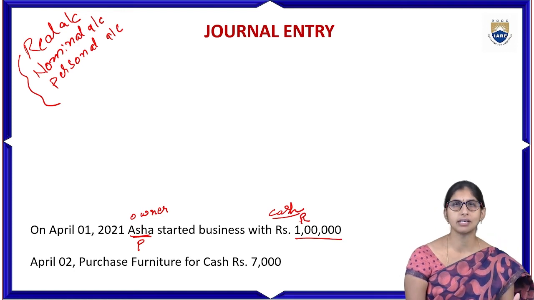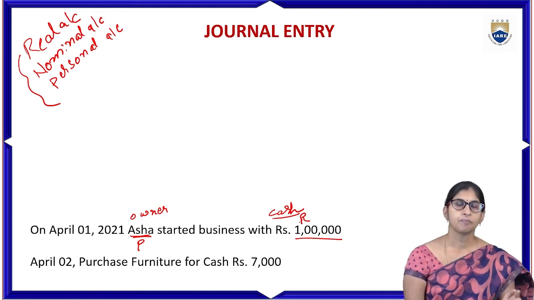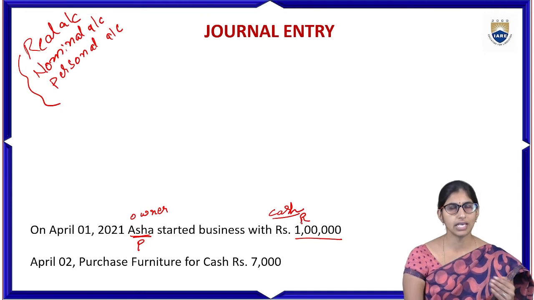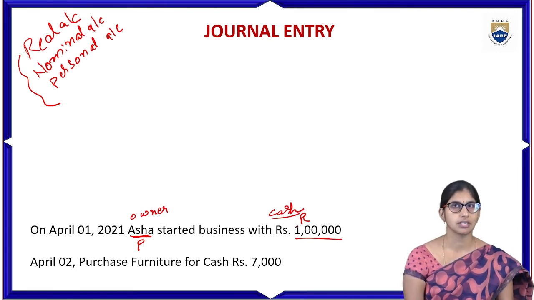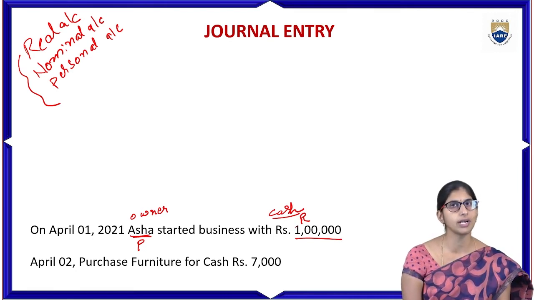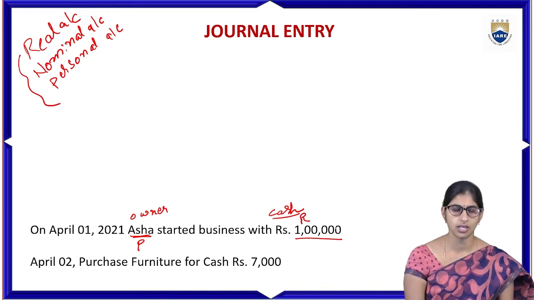Always we should remember that here we are writing the business journal entries. So from the point of view of the business only, we have to record each and every entry. Asha is the owner, and the business is getting this 1 lakh rupees cash.